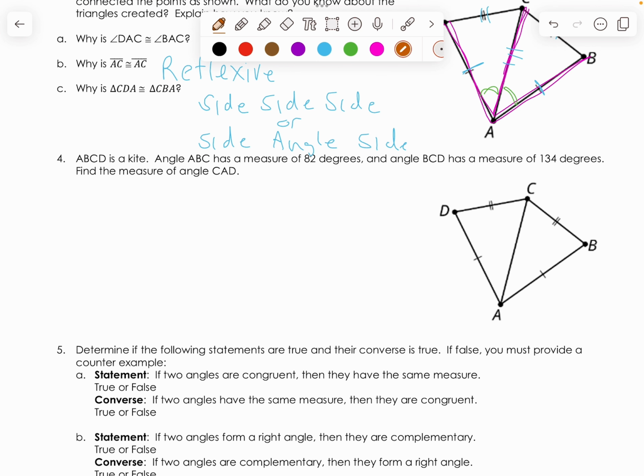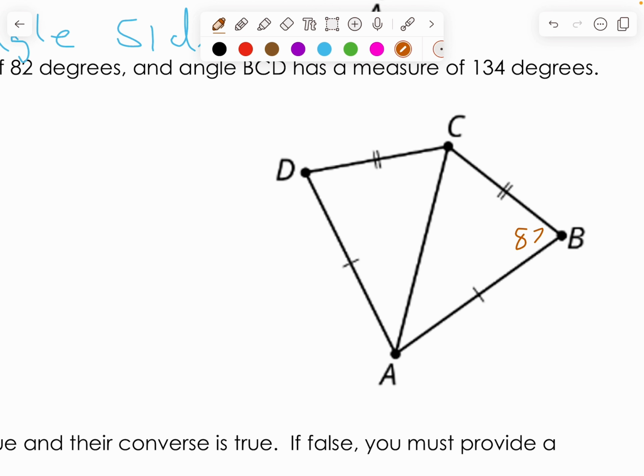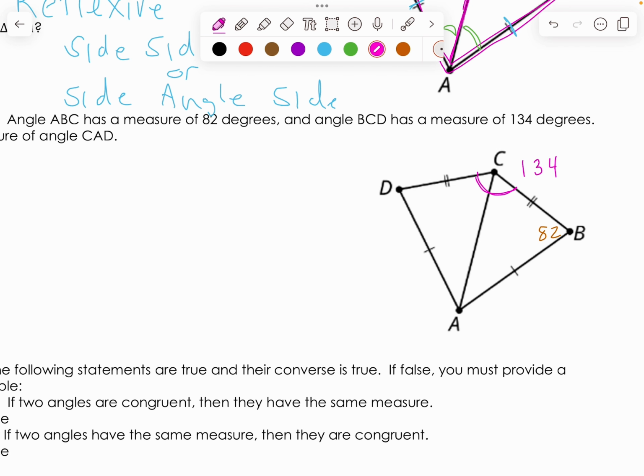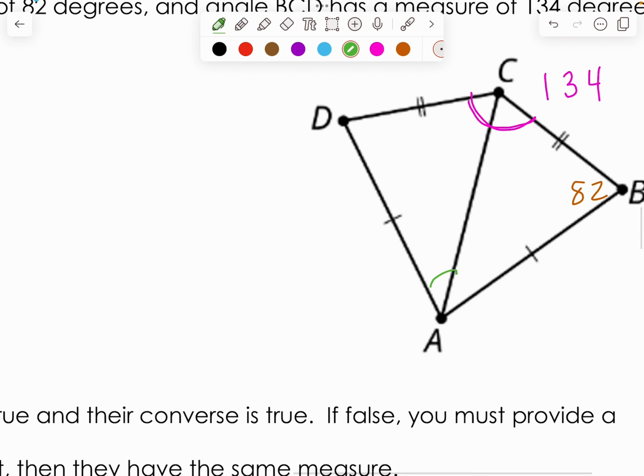Okay, we got a problem about a kite. ABC has a measure of 82 degrees. BCD, so this whole angle right here is 134. We need to find this angle down here.